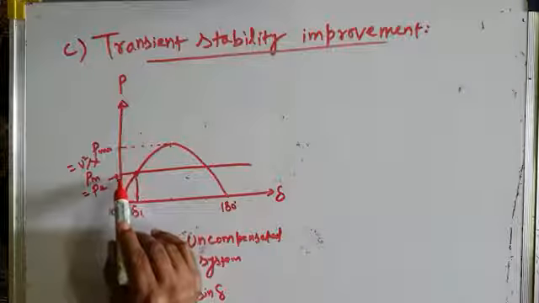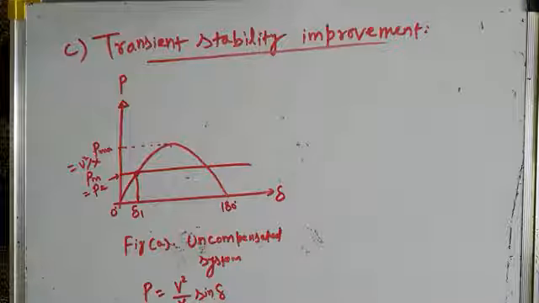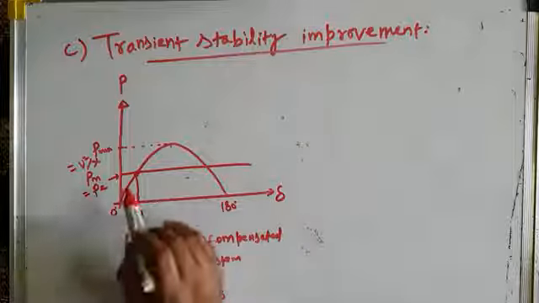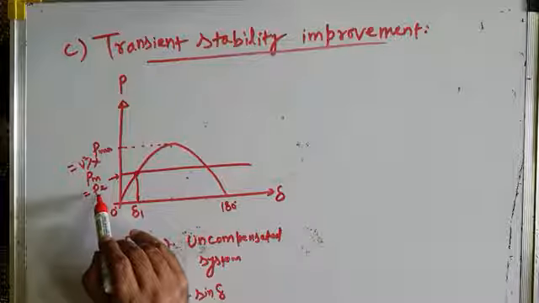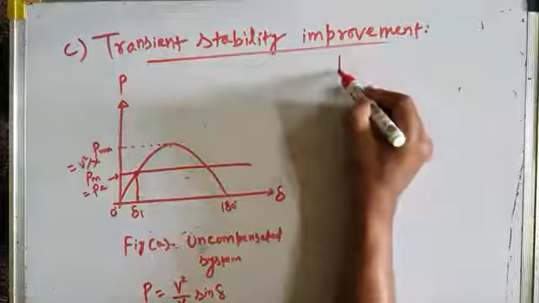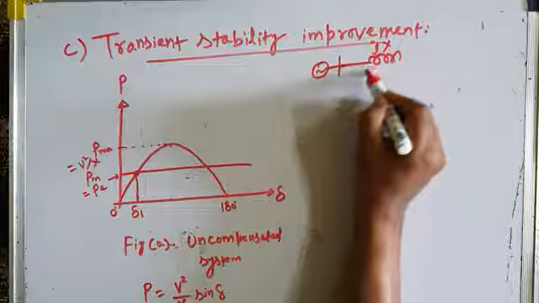How much is this? This is around 20 to 30 or 35 degrees. So my system is operating here, at a power angle or transmission angle delta 1. And how much electrical power is flowing over the transmission line?